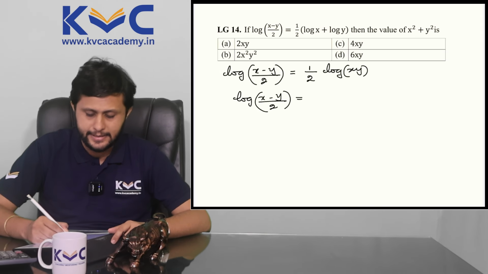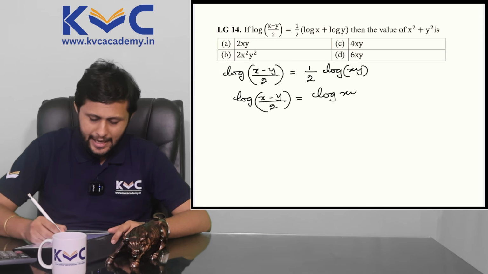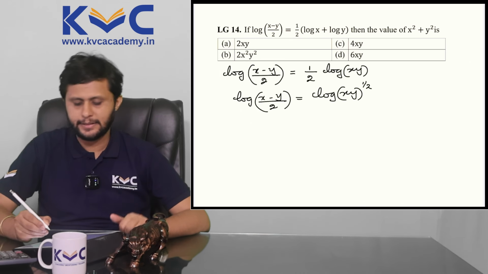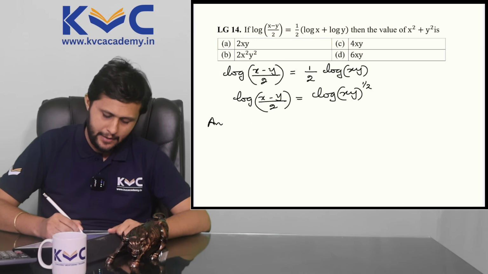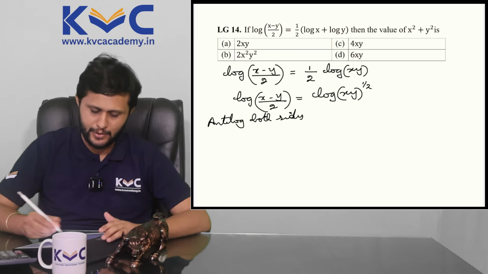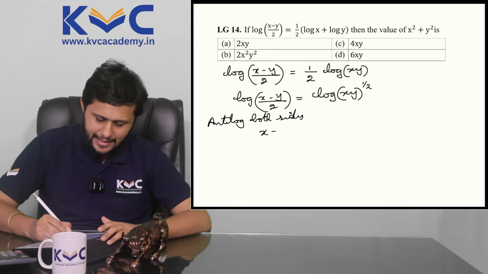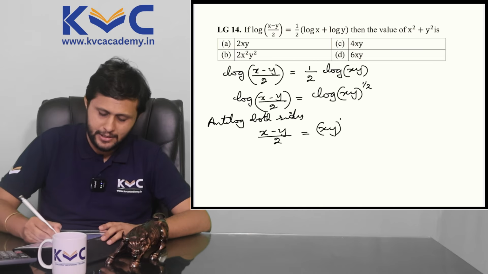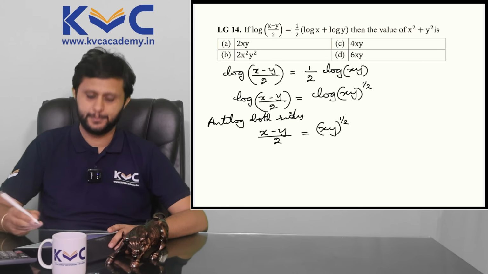I'll take that half inside, so I get log xy to the power 1 by 2. Now everything is there inside logarithm. I will take anti-log on both sides, basically cancelling logarithm. So I cancel log. So I get (x minus y) divided by 2 equal to xy raised to the power 1 by 2.